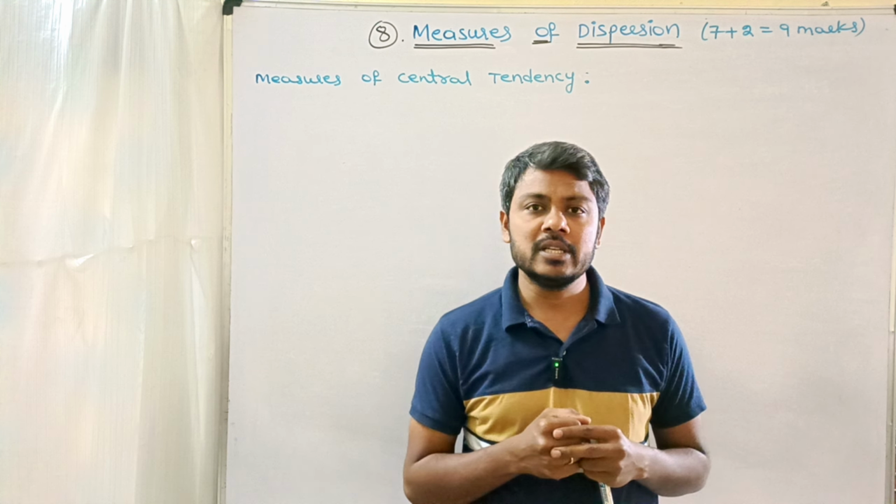Here we have to find the average score of A and B. See here, in the first case, we have to find the average score. So first, A's average score.